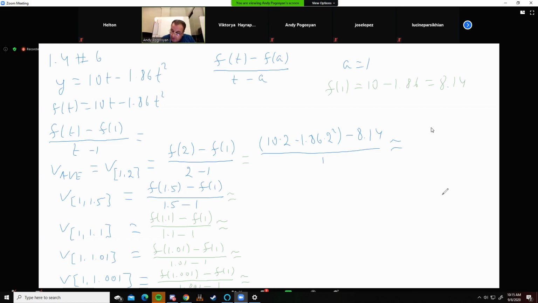So actually it's exactly 4.42 meters per second. Now find the value for V between 1 and 1.5.